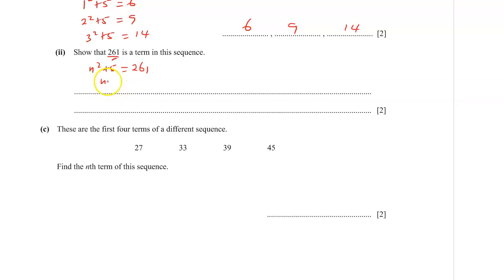Therefore, n squared is equal to 261 minus 5, which gives us n squared is equal to 256. Therefore, the square root of 256 will give us 16.